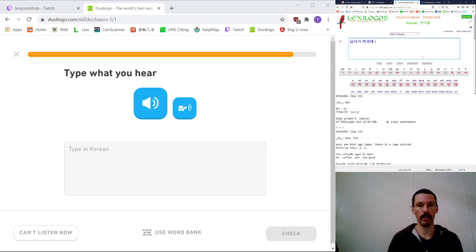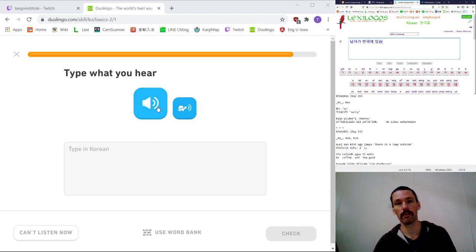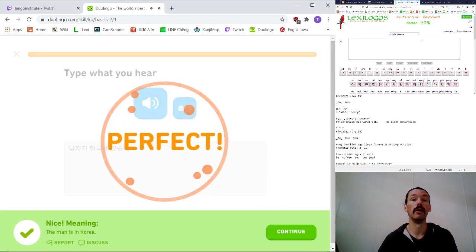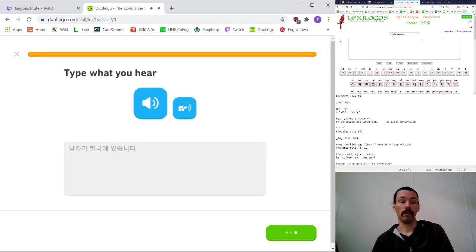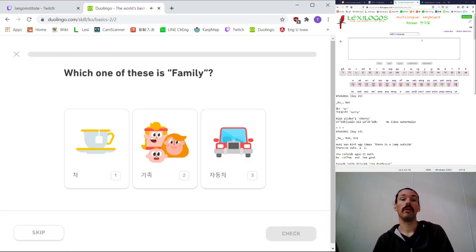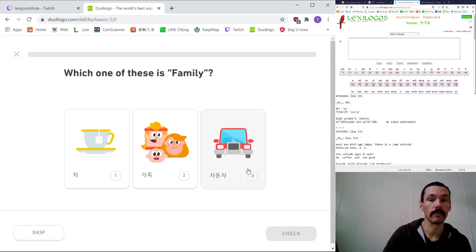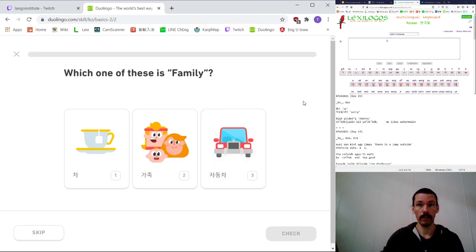A man is in Korea. Is spelled S and the vowel EU B, or you could write a P. Same difference. 남자가 한국에 있습니다. It's just going to be one ending after this that I know of. There could be, I suppose, many lots and lots of verb endings in Korean, but still a very clear structure in verbs as well as sentences overall.